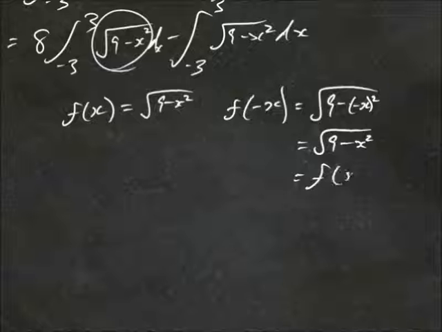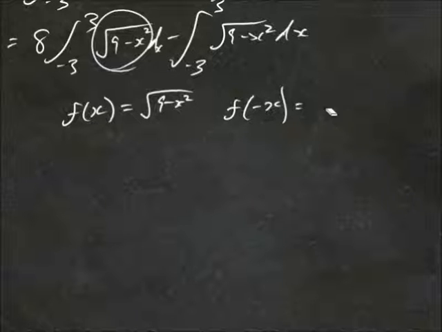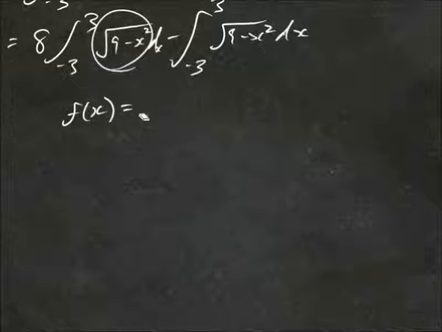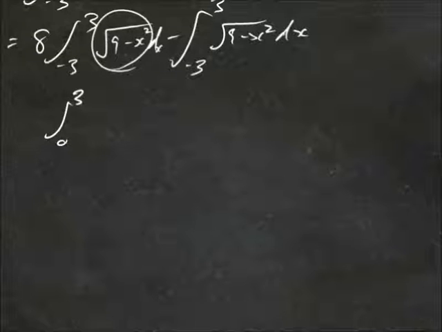So it is an even function. So that means that we're able to integrate between 0 and 3, because we've just proven that one side of x is the same as the other. But we'll also have to do 2 times 8, because we have 2 equal sides.